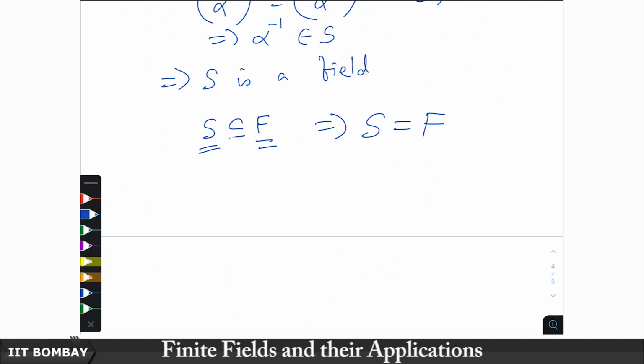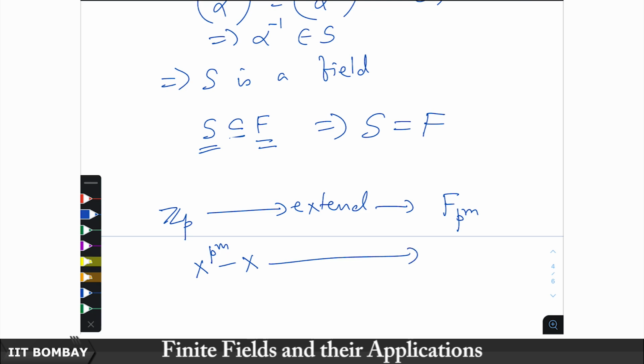Now, as a consequence of this proof technique, one can also see that if you are given any finite field, not necessarily Z p, what we have done here is that we have started with Z p and then we have extended it to F p power m by taking x power p power m minus x, and we said its splitting field is this.